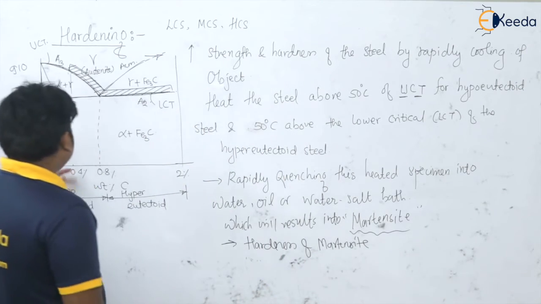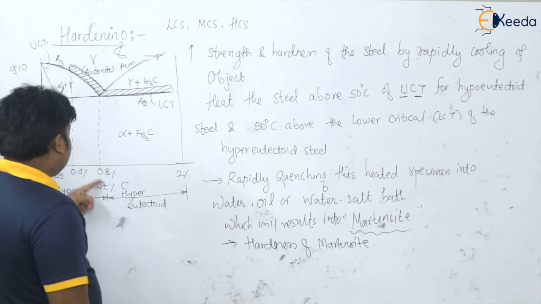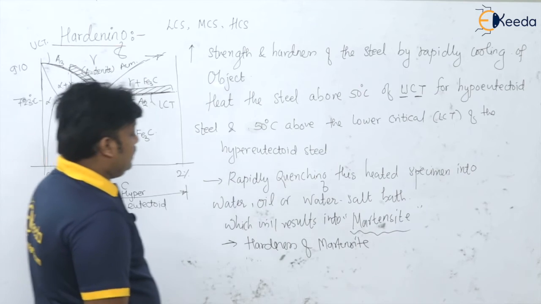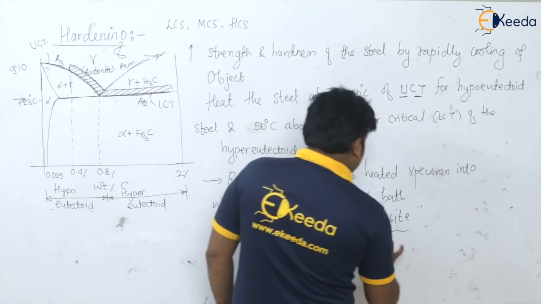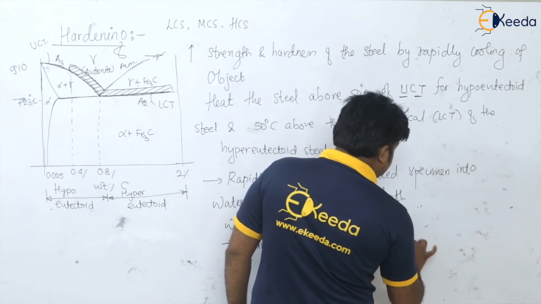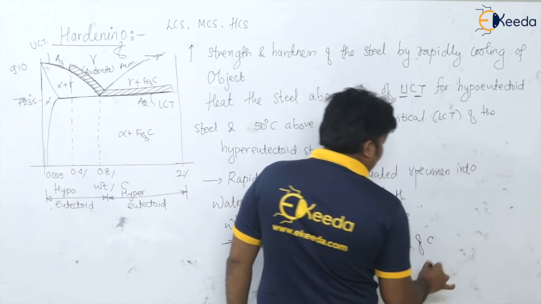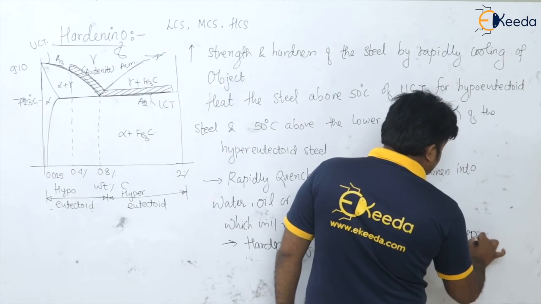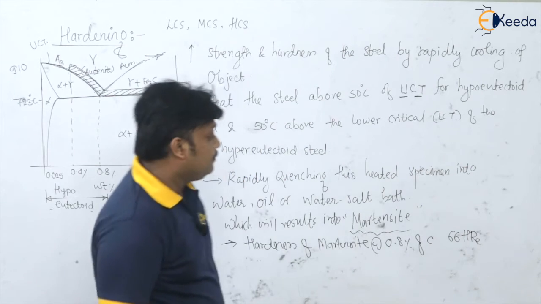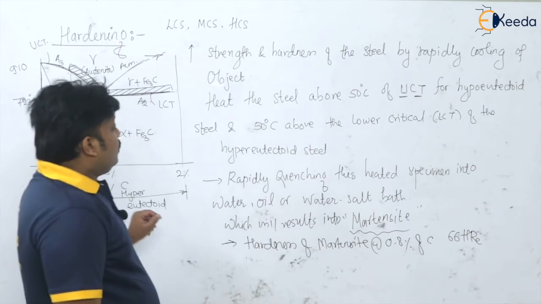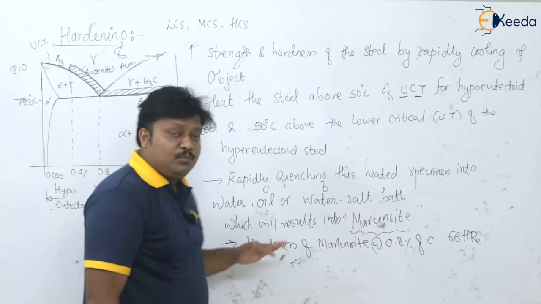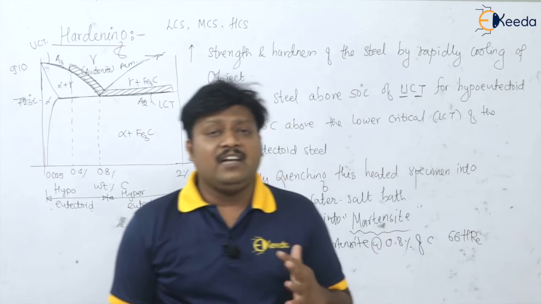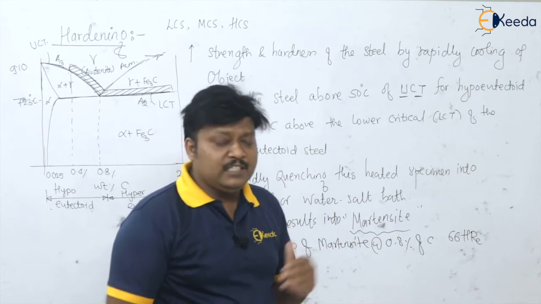So if you see at 0.8 percent carbon, the hardness of the martensite on the Rockwell C scale is 66 HRC, isn't it? So this is actually the hardening process, where we are increasing the strength and hardness of this steel specimen.